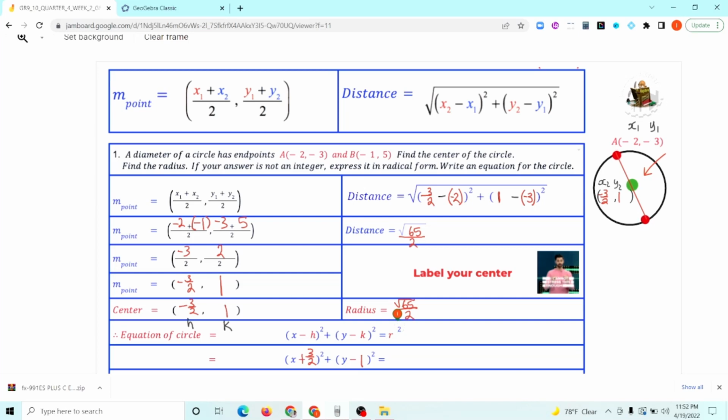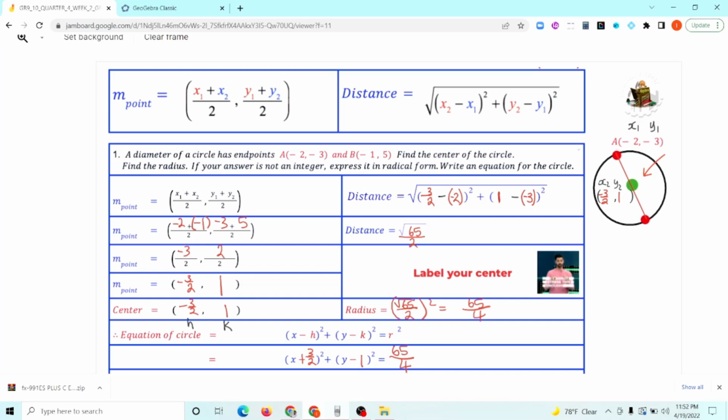If I square it, I get 65 over 4. So 65 over 4 is my radius squared.